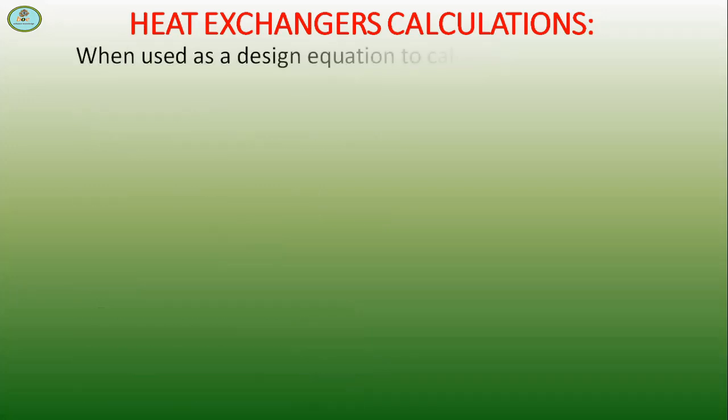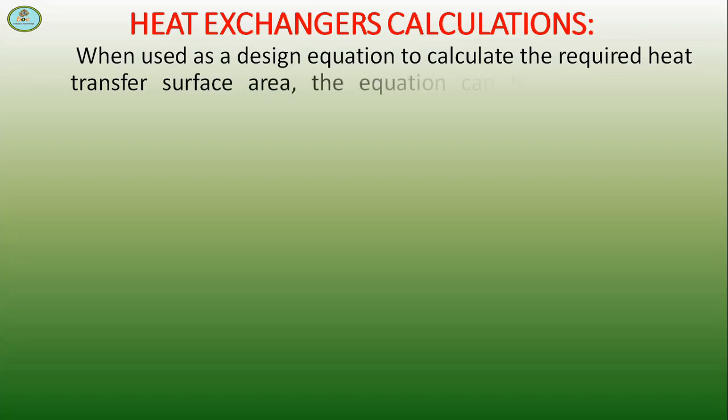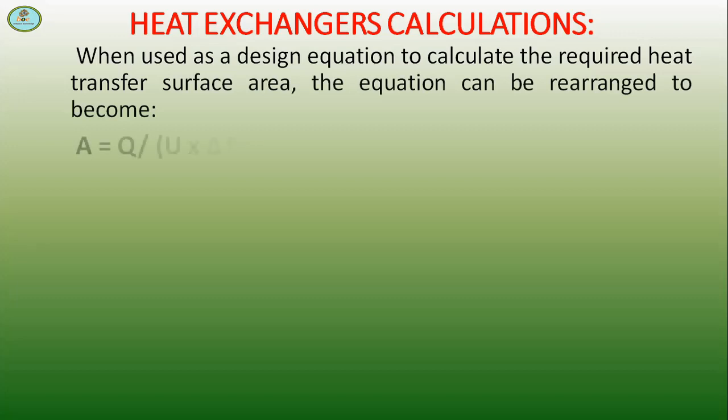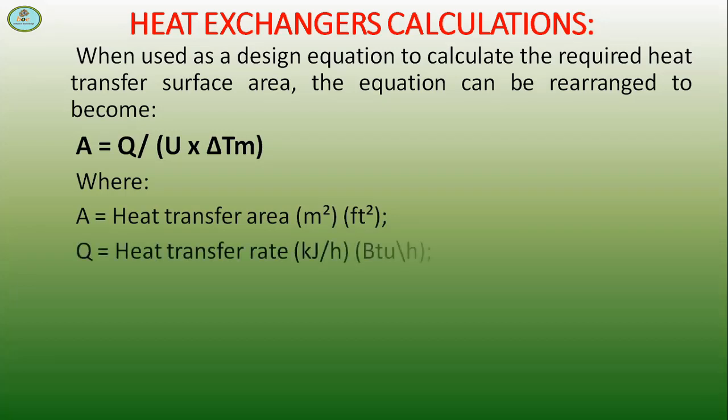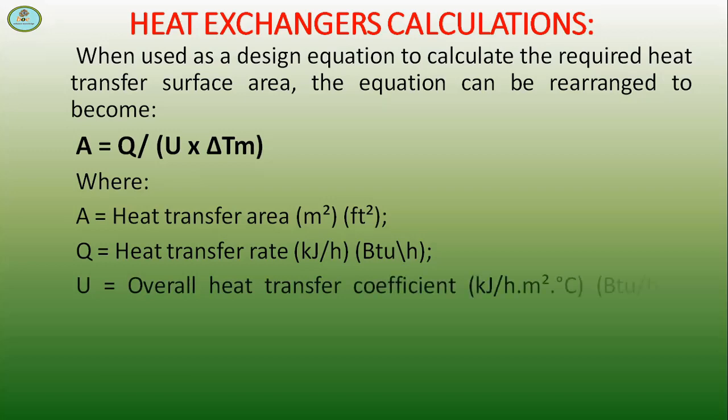When used as a design equation to calculate the required heat transfer surface area, the equation can be rearranged as follows: A is equal to Q divided by (U into delta Tm), where A is heat transfer area in meter square or feet square. Q is heat transfer rate in kilojoule per hour or BTU per hour. U is overall heat transfer coefficient in kilojoule per hour meter square degree Celsius or BTU per hour square foot degree Fahrenheit.